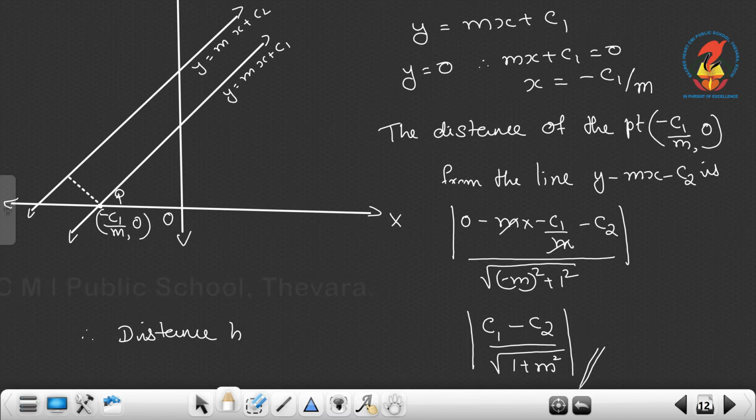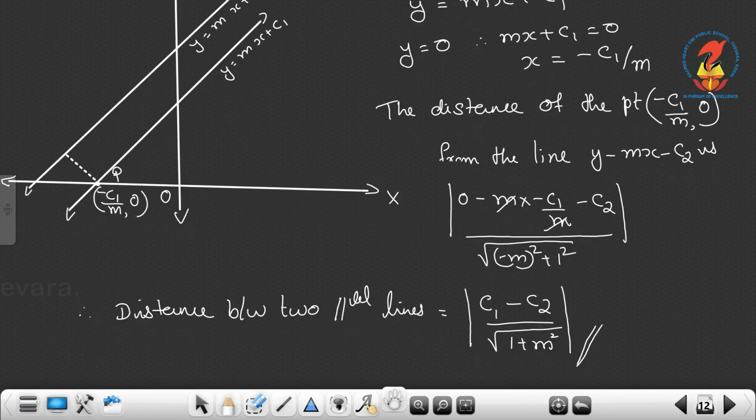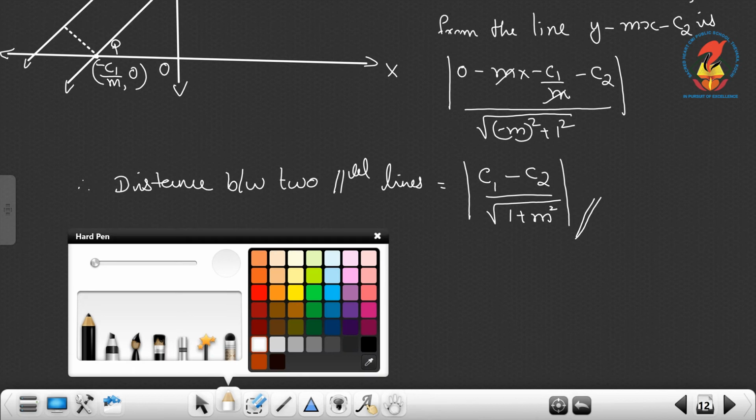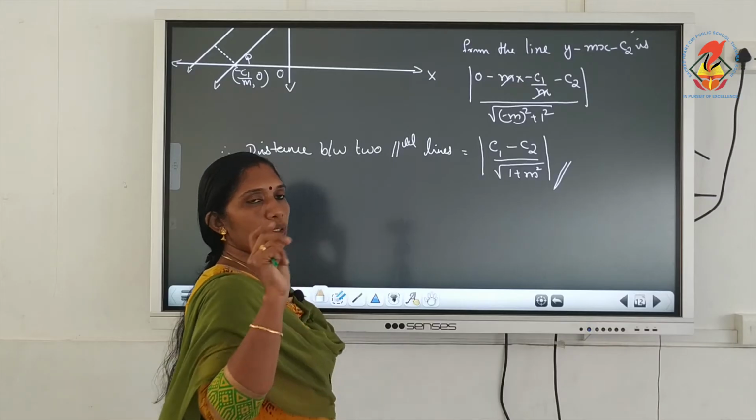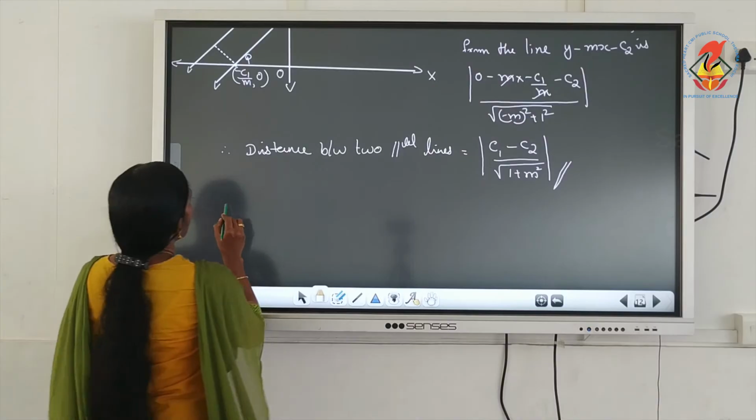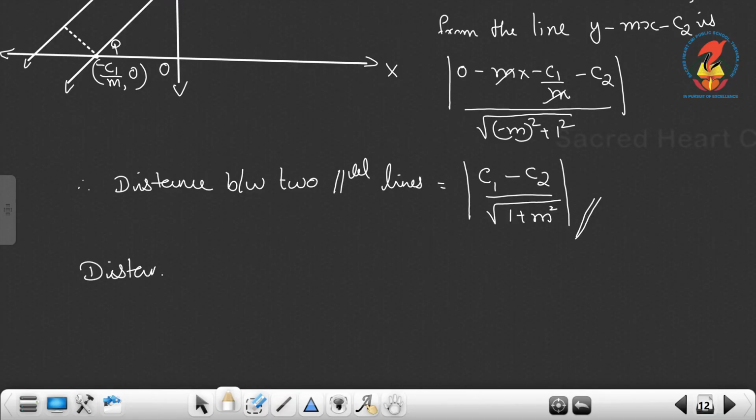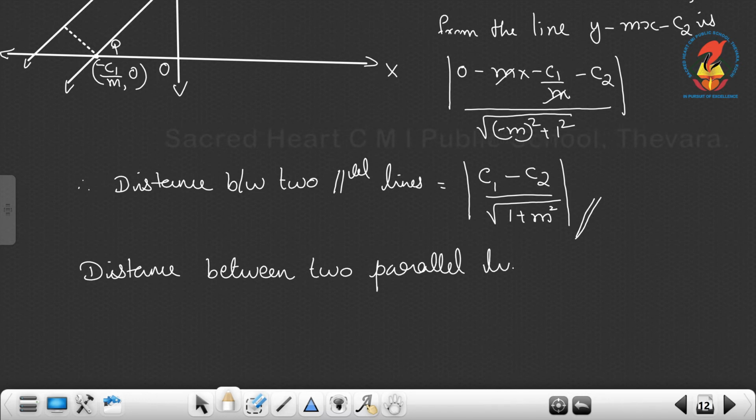Distance between two parallel lines. Sometimes the parallel lines are not in the form y equal to mx plus c. So, the general form is ax plus by plus c is equal to 0, isn't it?